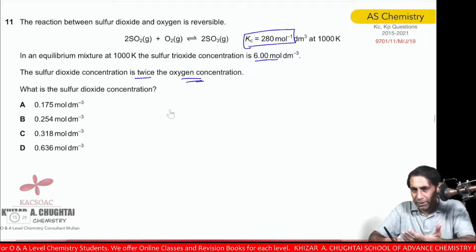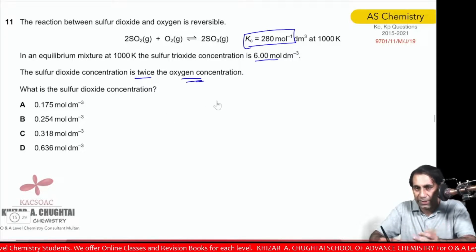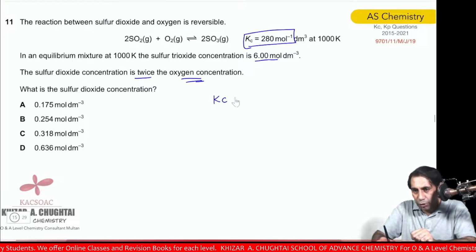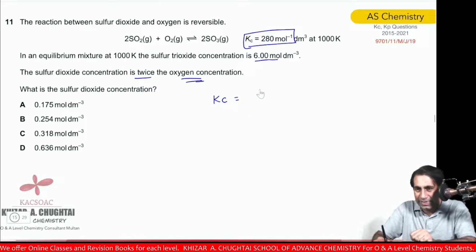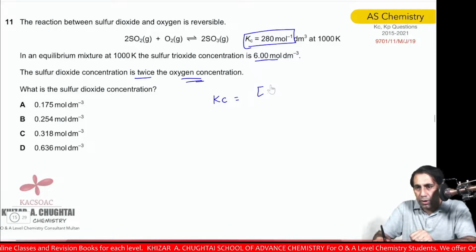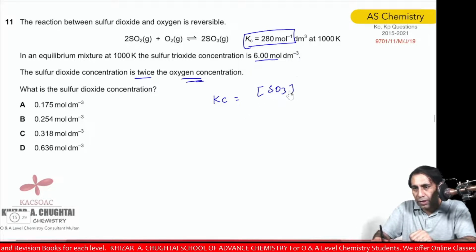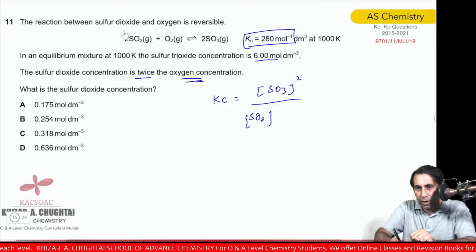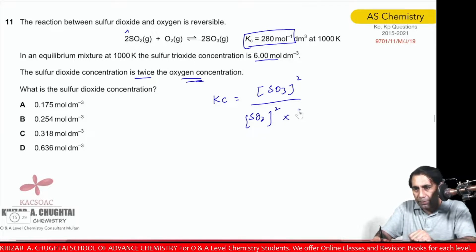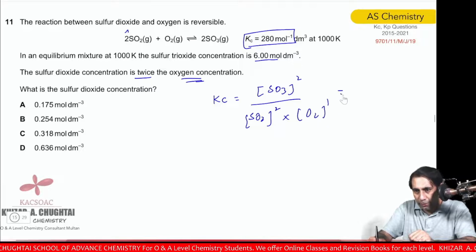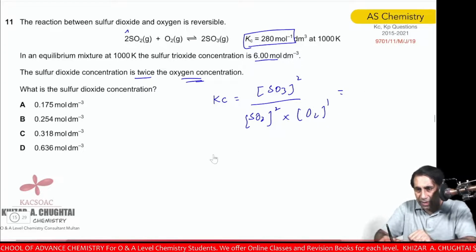A similar method will be used in this case. First of all, write the expression of Kc. Kc is equal to SO3 raised to power 2 divided by SO2 raised to power 2 multiplied by O2 raised to power 1. And the answer of Kc is given, you know.